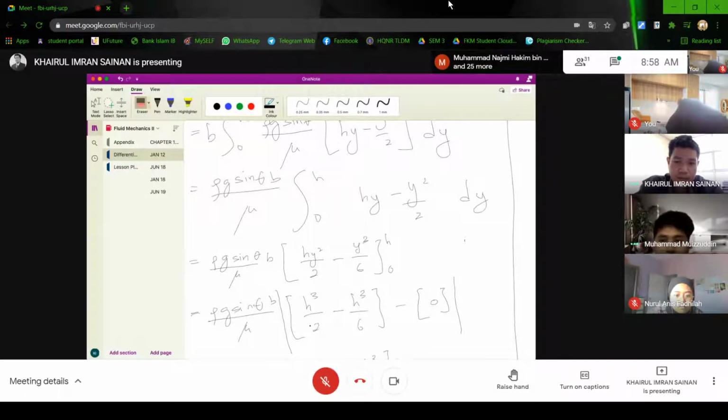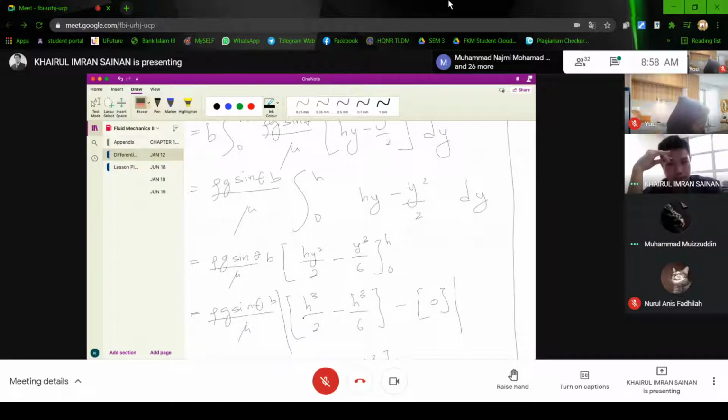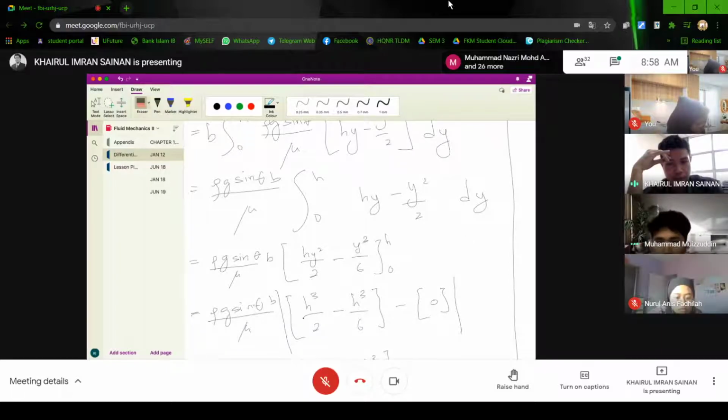How about this one? The result of this? What is this? H cube over 3.